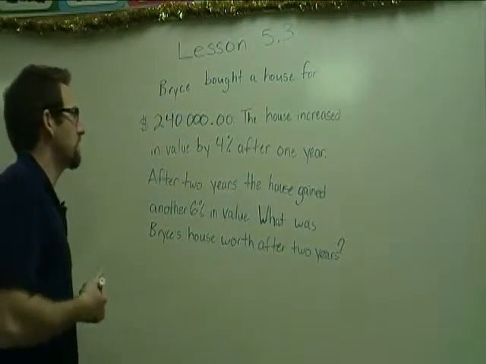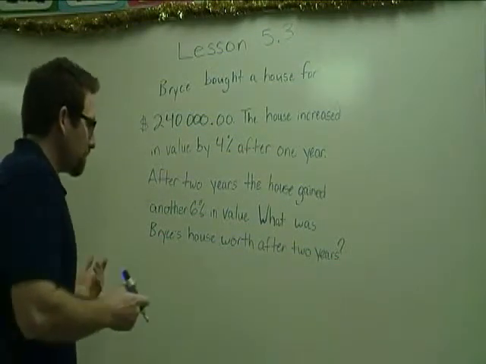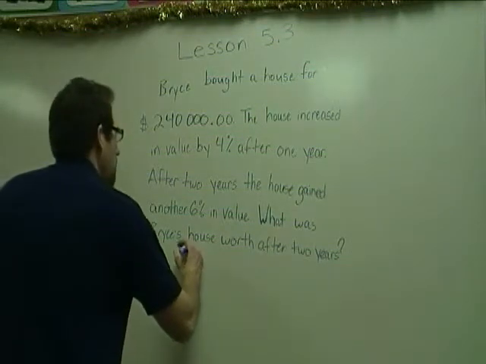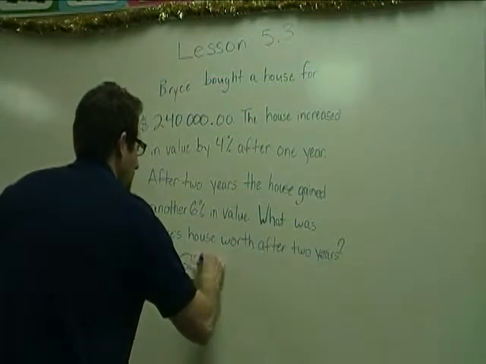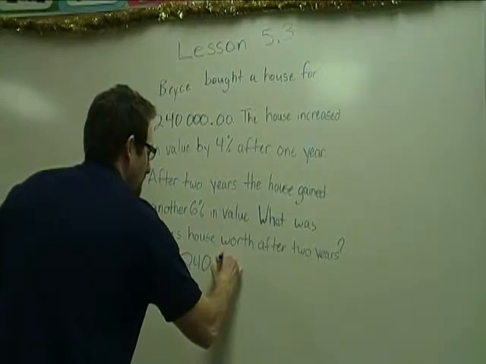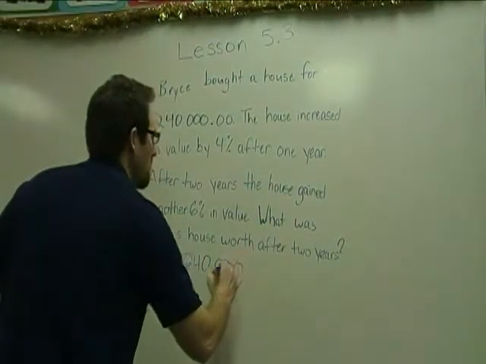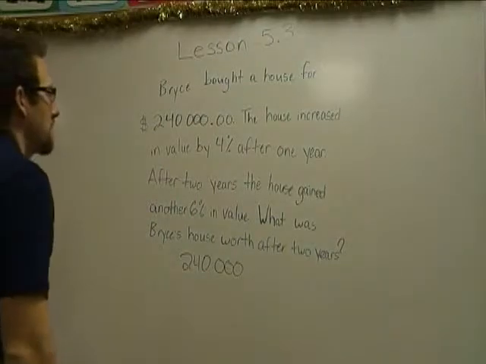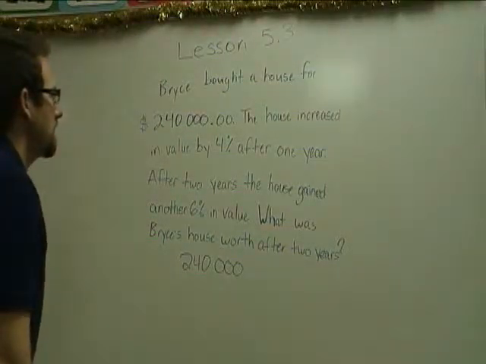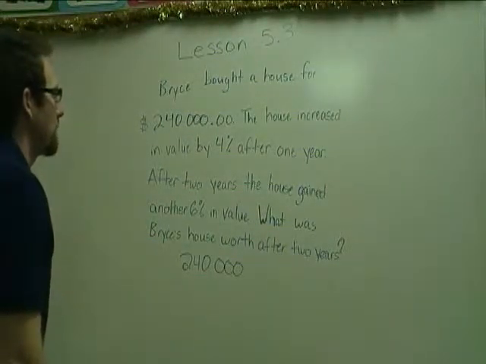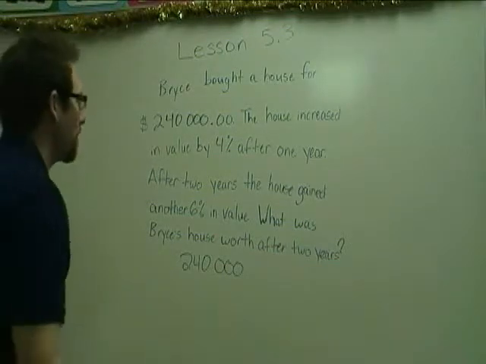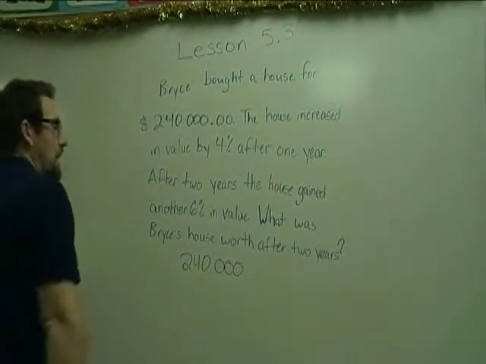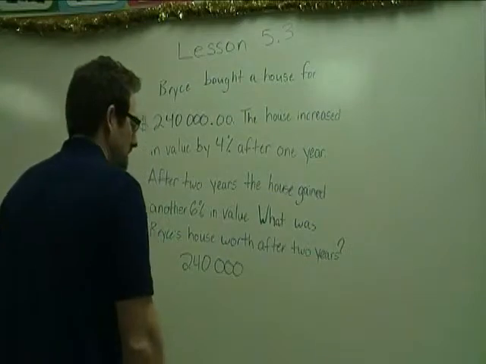Okay, so let's just look at our numbers here. So you've got 240,000 with an increase of 4%. Okay? So how are we going to show an increase of 4%? Well, first we need to find out what 4% of 240,000 is.